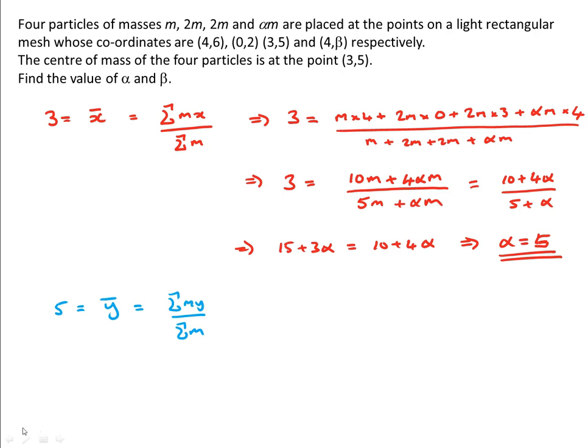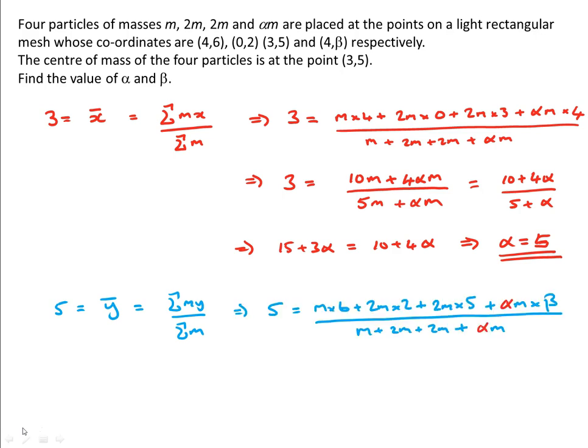So, in this case, we have 5 must equal m times 6 plus 2m times 2 plus 2m times 5 plus alpha m times beta, divided by the total mass, which is m plus 2m plus 2m plus alpha m.